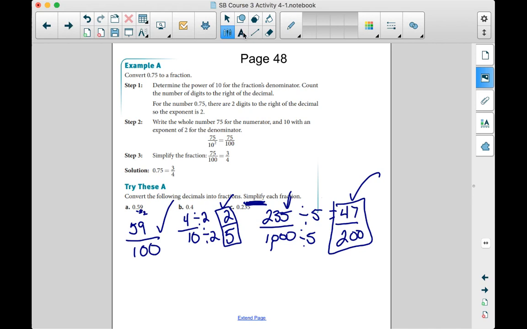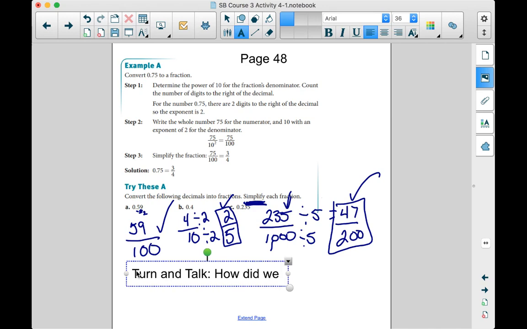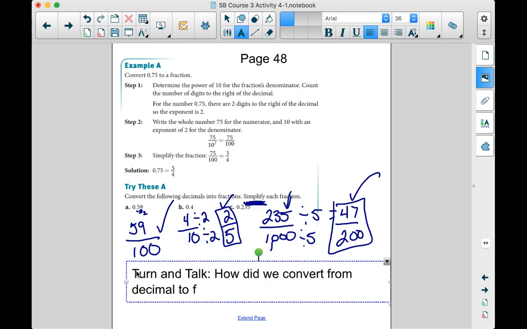Right now, I want you to turn and talk and answer these two questions. How did we convert from decimal to fraction? And how did we know to use 10, 100, or 1,000 as our denominator, or bottom number?